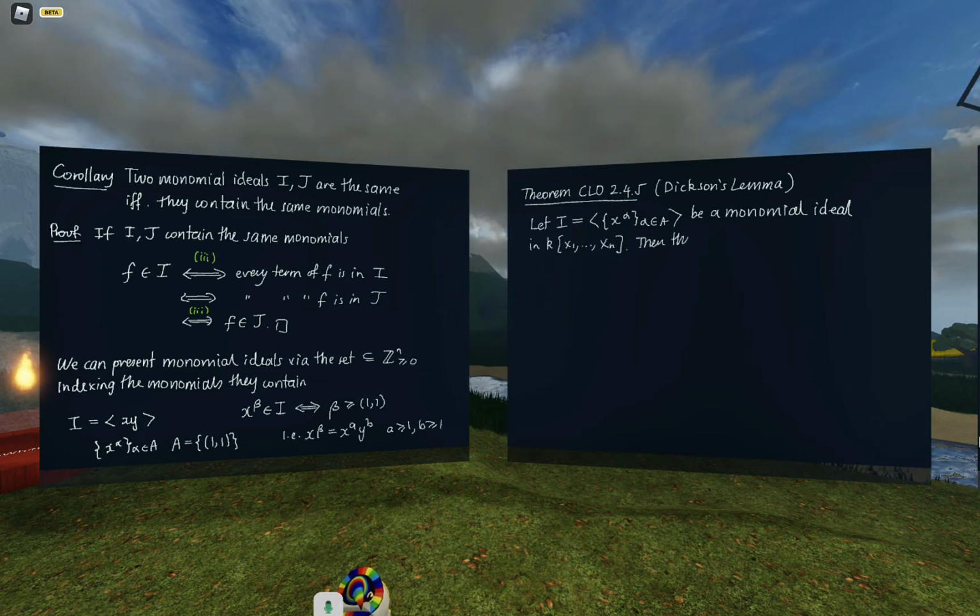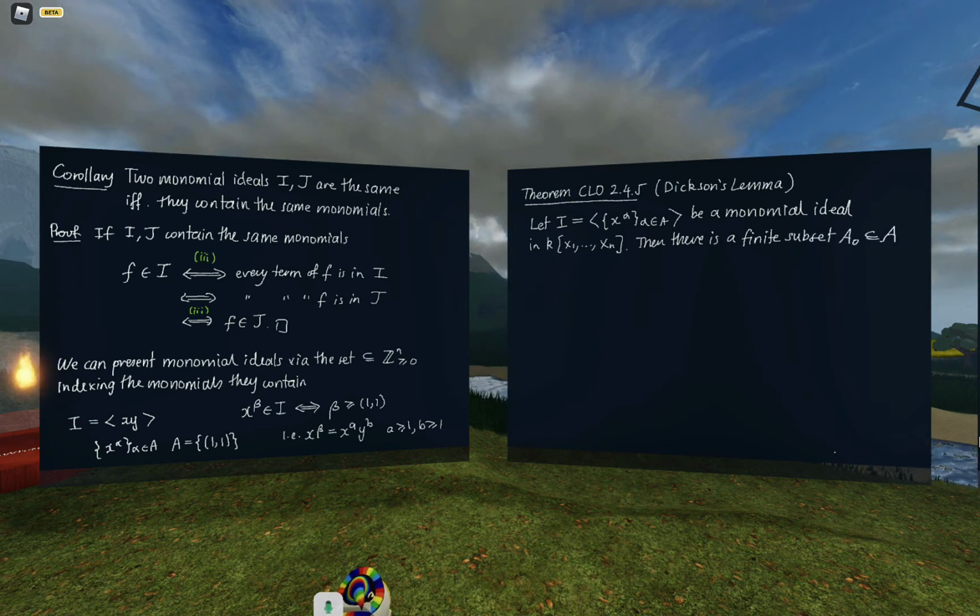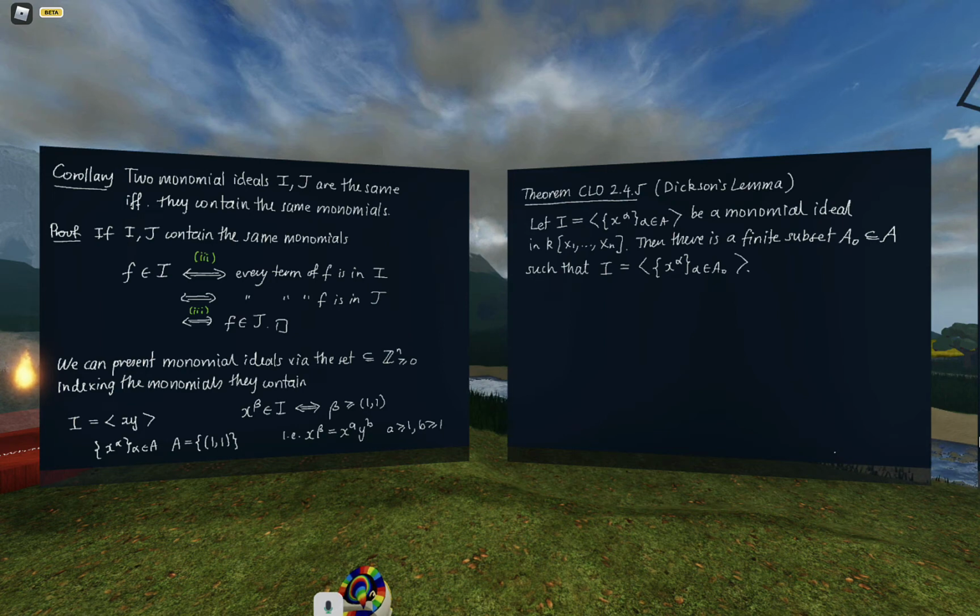Then there is a finite subset. A may be infinite, right? There's a finite subset, let's call it A0, of A, which generates the same ideal. Okay, this is A0.